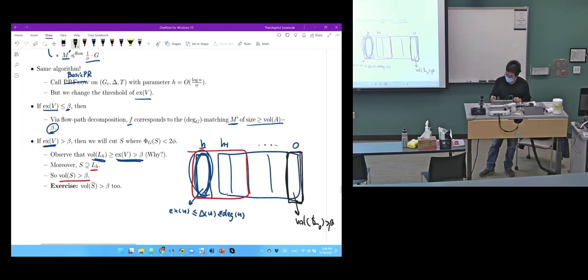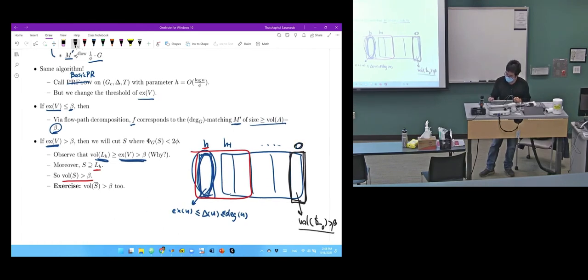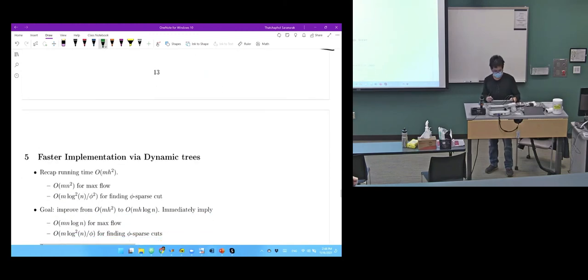But because the bottommost level is at least beta over 2, then S bar must be as big as beta as well. So it is the same algorithm, just changing the threshold of the excess.